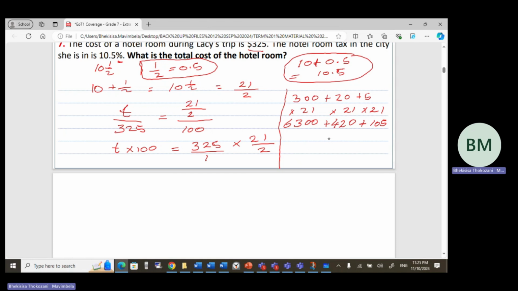Now we can add all of these numbers. So we have 6,300, 420 plus 105. Let's add. 5, 2, 3 plus 4 is 7, plus 1, 8. Yes, that's 8, and 6.